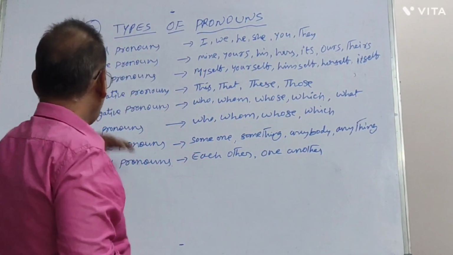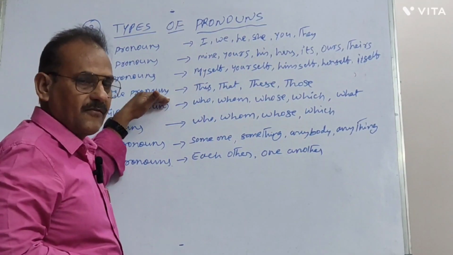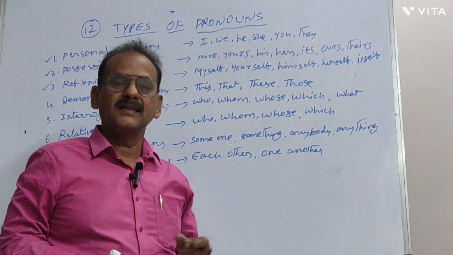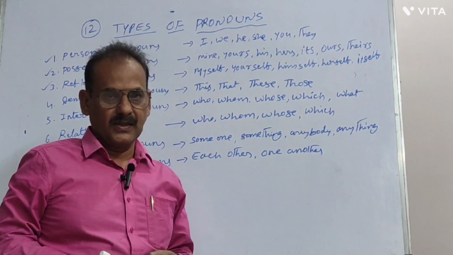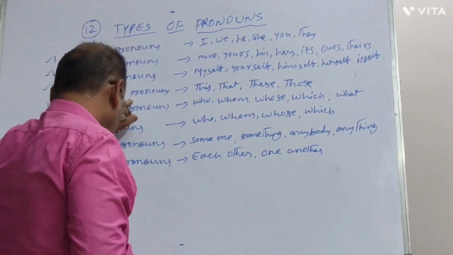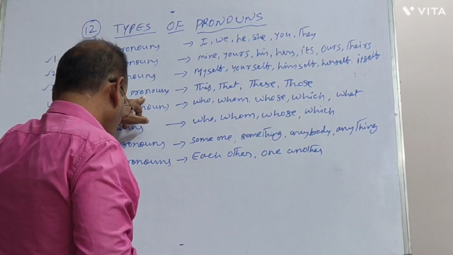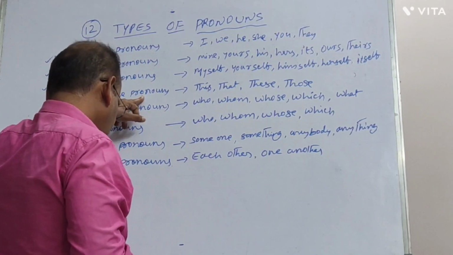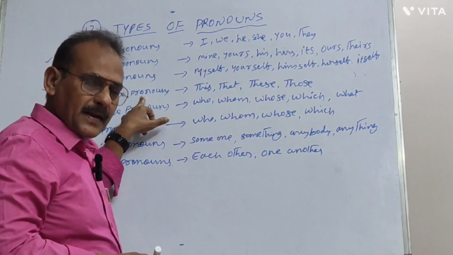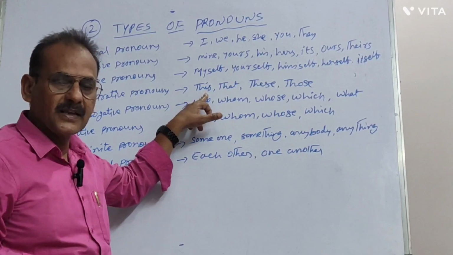And if we go to the next one, demonstrative pronouns. What are the demonstrative pronouns? This, that, these, those. So these are demonstrative pronouns. These demonstrative pronouns are used to specify some people, places, or individuals or something.